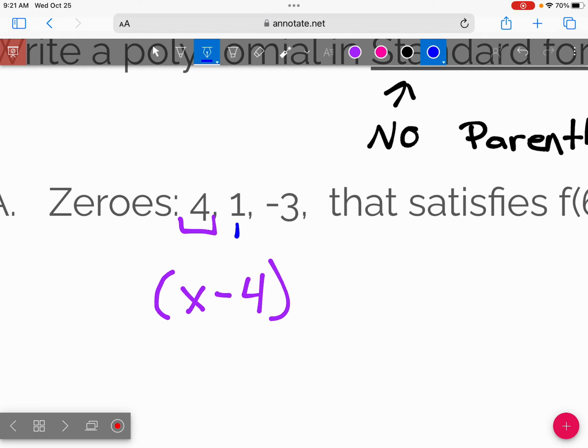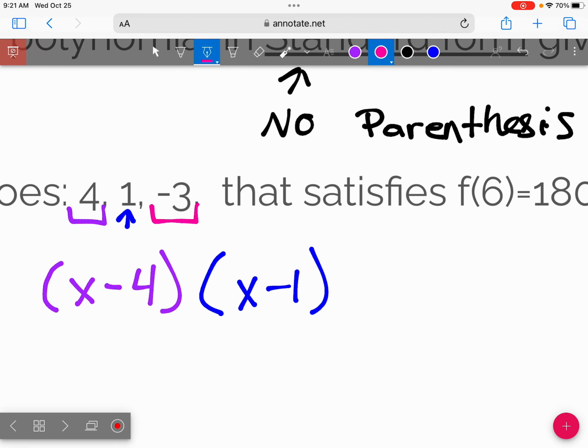We're going to have a factor that gives us a 0 of 1, which is x minus 1. And a factor that gives us a 0 of -3, x plus 3.